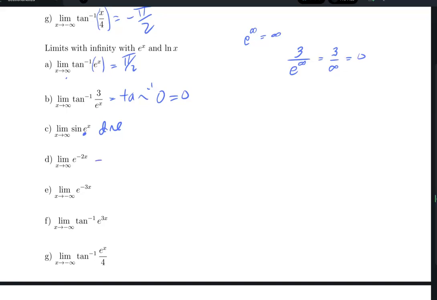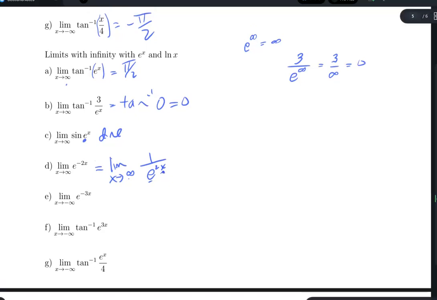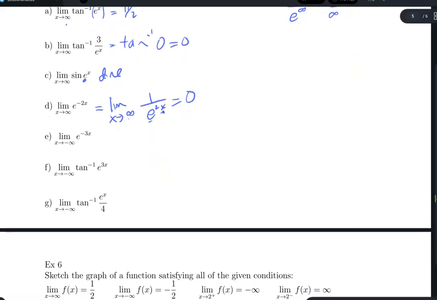And this one here, we could rewrite this, right? If I wanted to rewrite this with the negative exponent in the denominator, oh, now I can really see it. If I put infinity in, I get e to the infinity, which is infinity. 1 over infinity, that's 0. Oh, what happens with this one? I've got the negative exponent, so I'll put the negative exponent in the denominator.